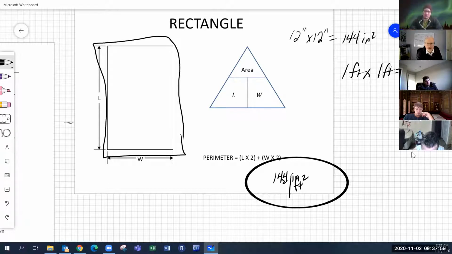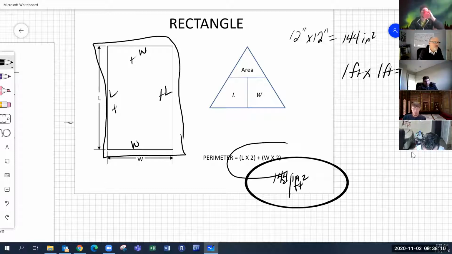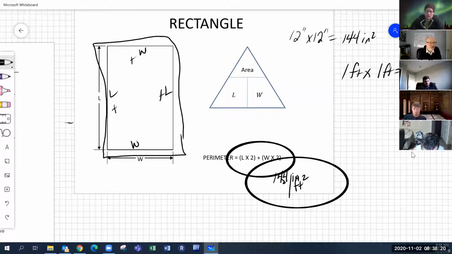So perimeter or circumference. Perimeter is just adding the width plus the length plus the width plus the length. Hence this formula triangle right there: length times 2 plus width times 2. It's pretty straightforward stuff. Are there any questions on how to calculate the perimeter of a rectangle? No? Okay.